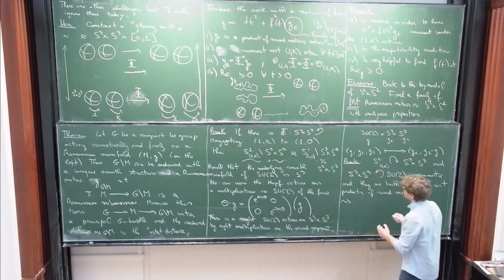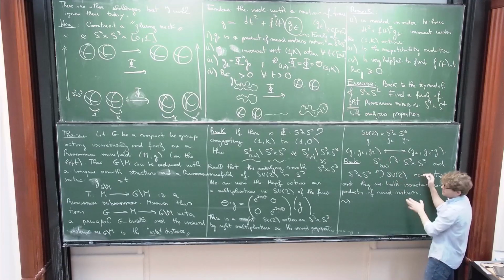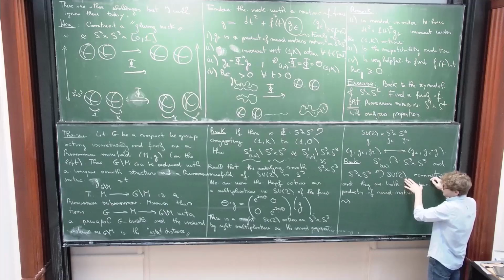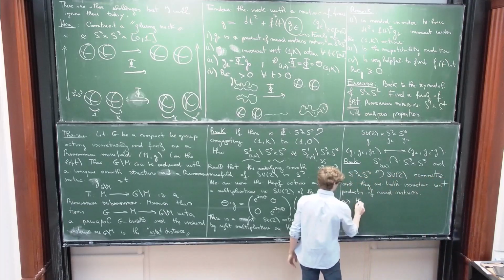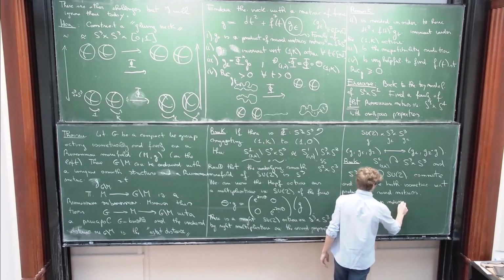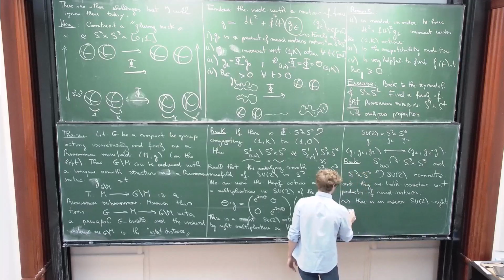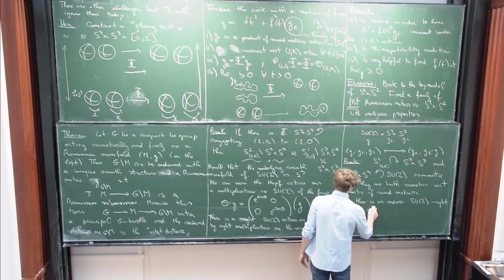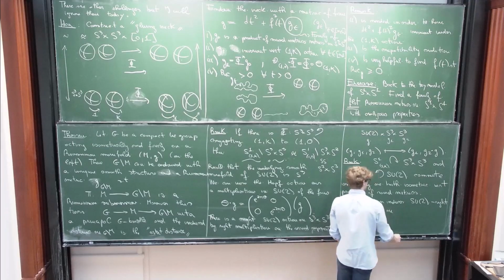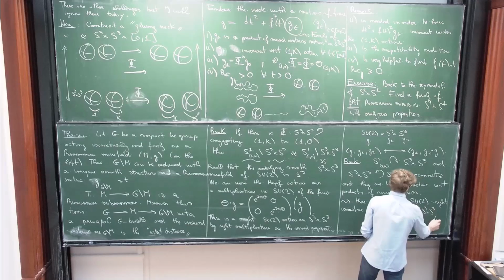Now I can apply the theorem to the first action and I get a smooth Riemannian metric on the quotient space. Since the two actions commute and are isometric, this means that there is an induced SU2 right isometric action on this quotient space S3 times S3 modulo S1 1K, endowed with a quotient metric.